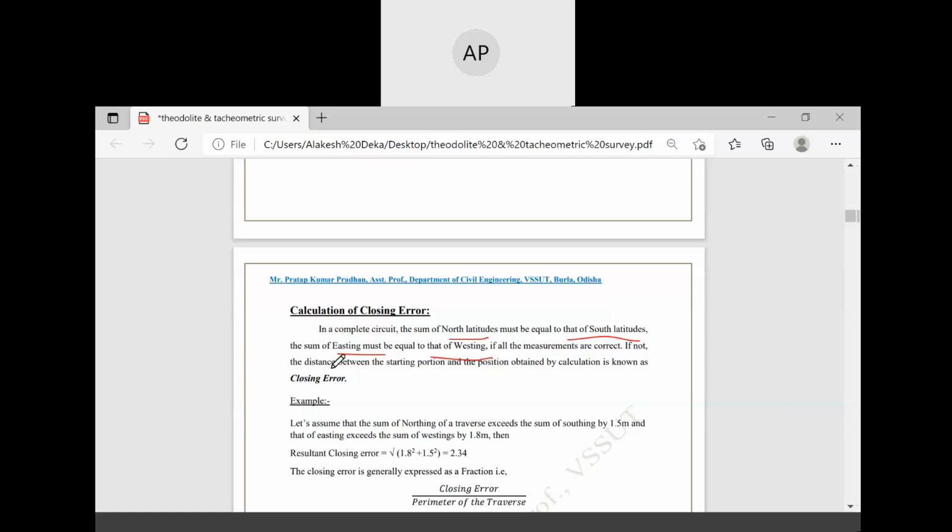If not, the distance between the starting position and the position obtained by calculation is known as closing error. For example, let's assume that the sum of northing exceeds by 1.8 meter and the easting by 1.5 meter. So your resultant closing error will be root over 1.8 square plus 1.5 whole square, which is 2.34.